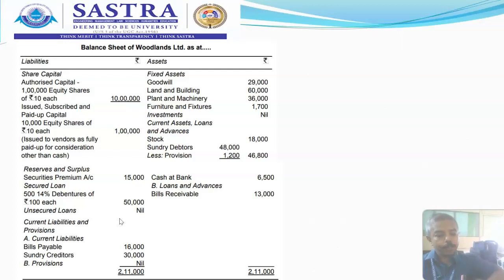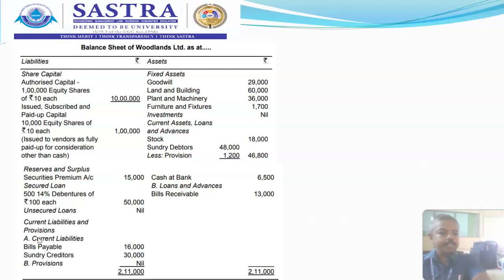But now, how much are the shares subscribed and issued? We can call this paid up capital of equity shares. In this company, during the acquisition, they issued 10,000 equity shares at rupees 10 each.